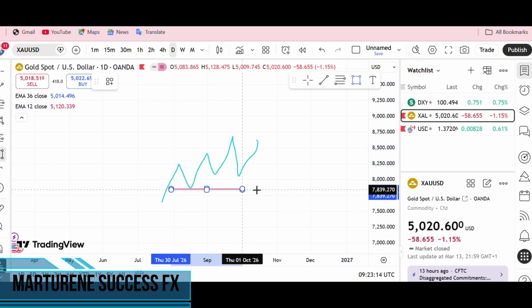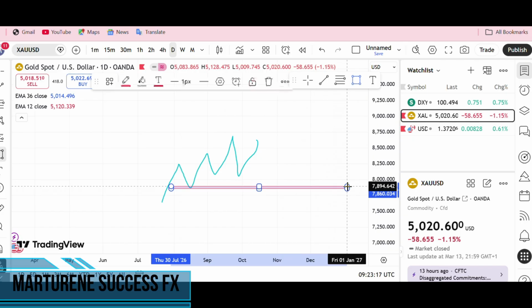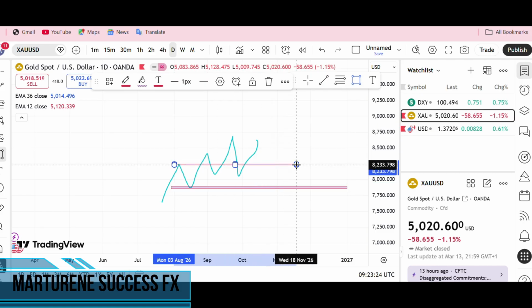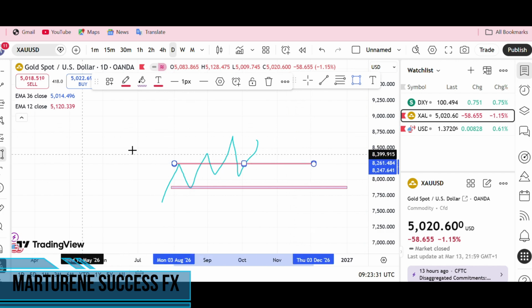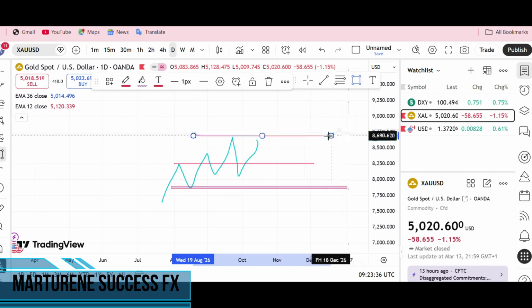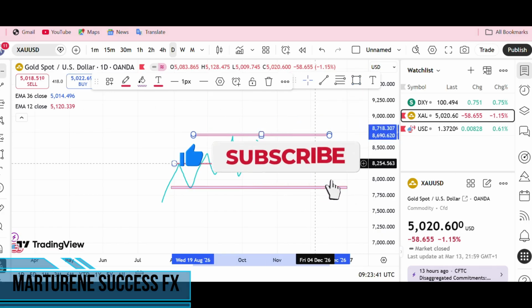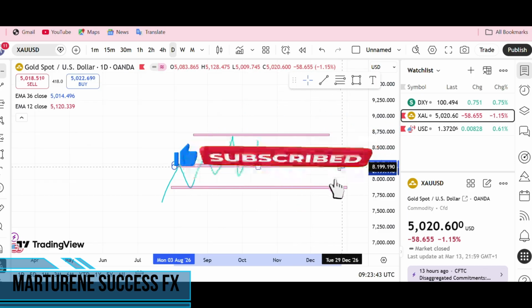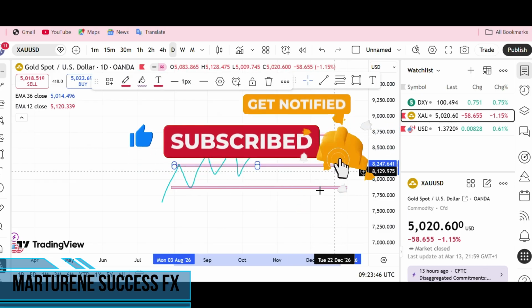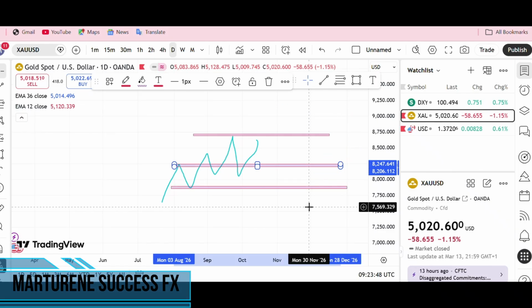So this is our support, and this up here is our resistance. This is also our resistance up here. As I said, I'll show us the concept of support and resistance and also trend line, and then I'm going to show us how we trade it.